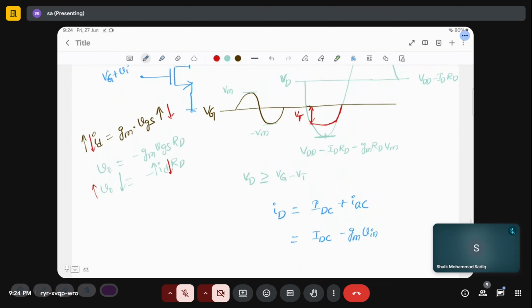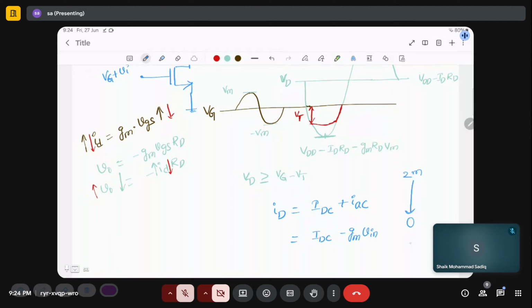What happens if Vin goes down? You have a certain DC current, let us say some 2 milli. It is decreasing as you decrease VGS. At some point, it should cross zero, right?